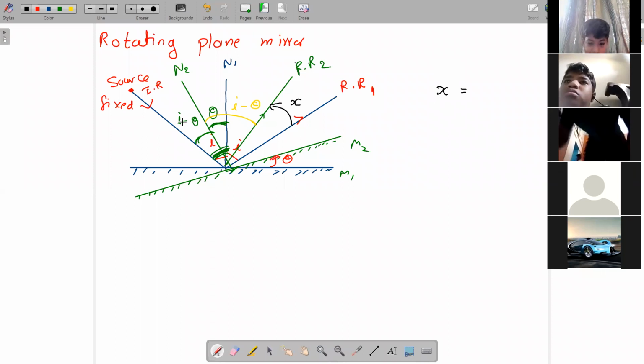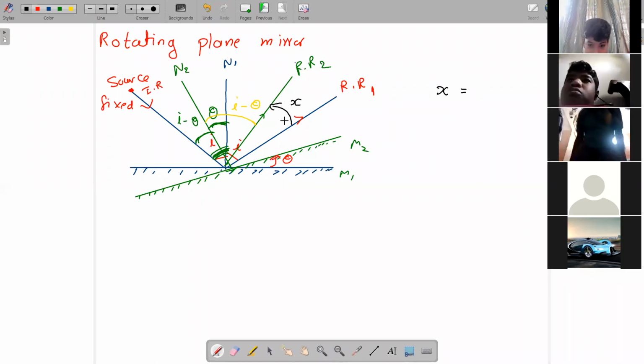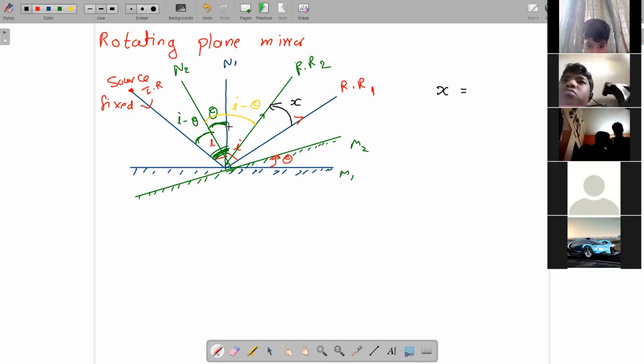Observe the figure carefully. How do we calculate this angle? The total angle is I minus, let us take this angle as Y, from here to here.